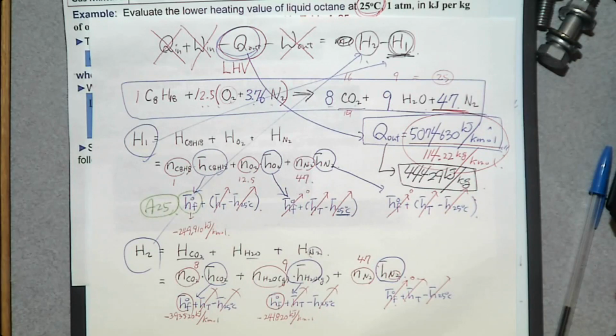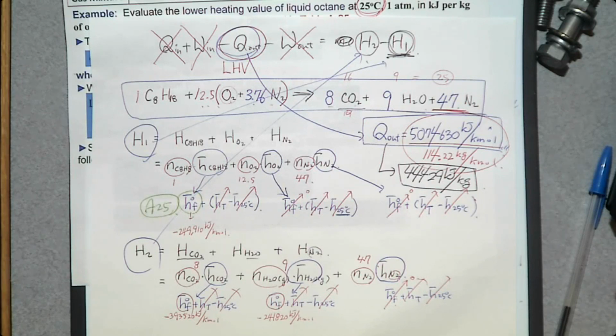Okay? Yes. We assume that there is water vapor in the product. That's why we determine lower heating value. If you assume that this H2O is not vapor but liquid, then you will use a different specific enthalpy for liquid water, and whatever you calculate is going to be the higher heating value.